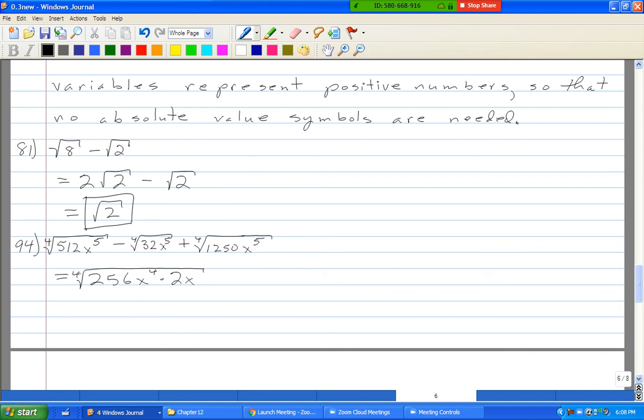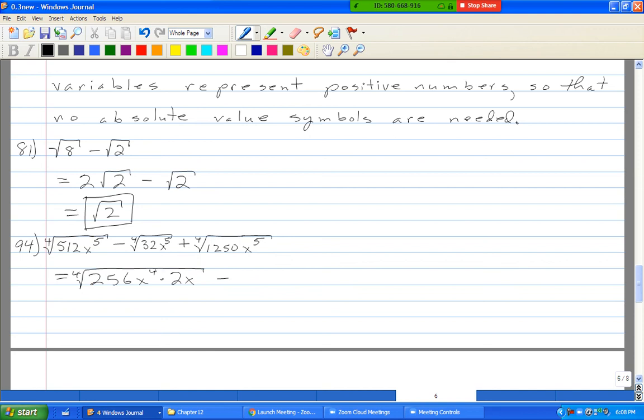So I'm writing what's inside the radicand as the product of two terms, one of which is the largest fourth power. And so 256 x to the 4th times 2x, minus.